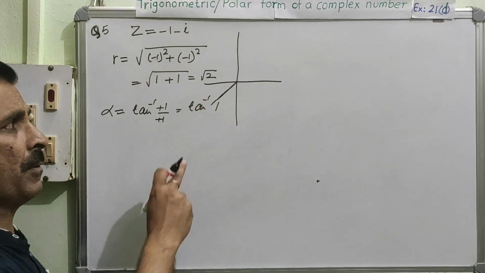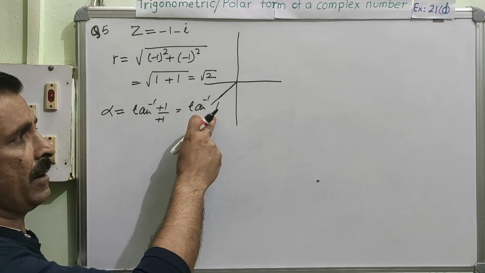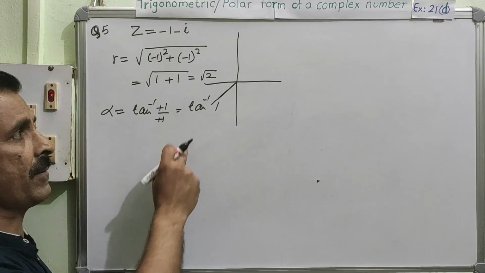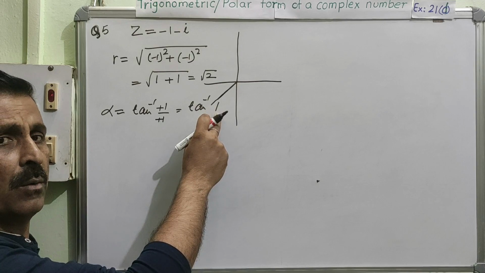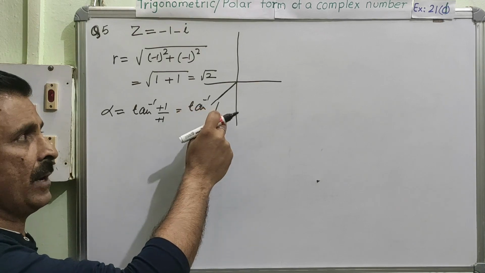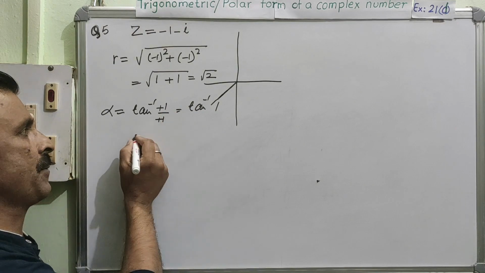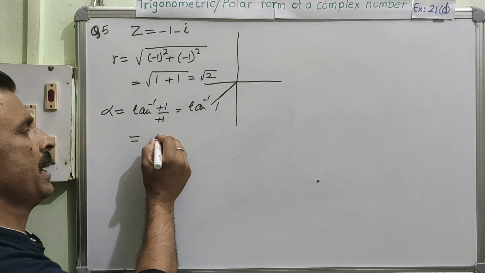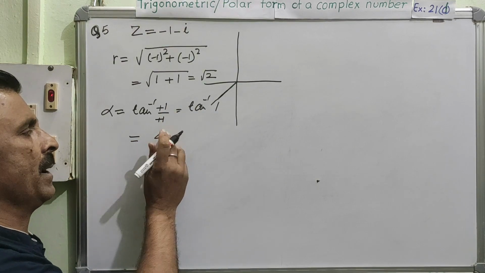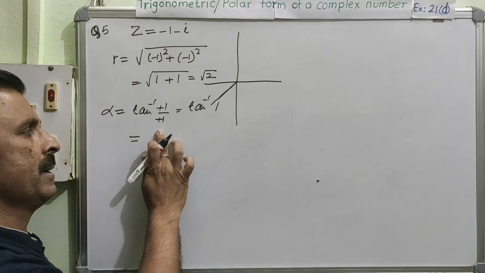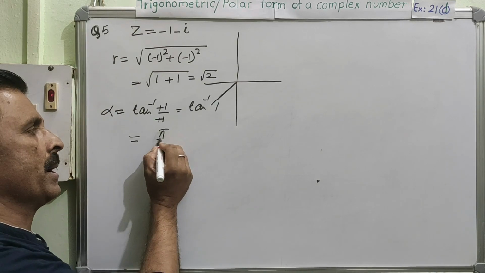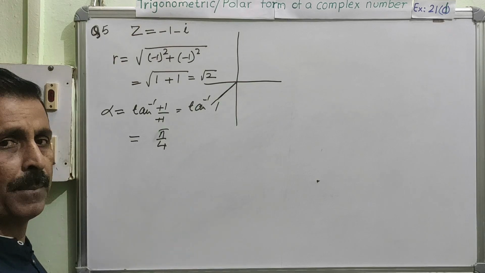Now you know for what angle the tan value is equal to 1. It is 45. So the angle will come as equal to 45 degrees. If we write 45 in radians, it becomes pi over 4.